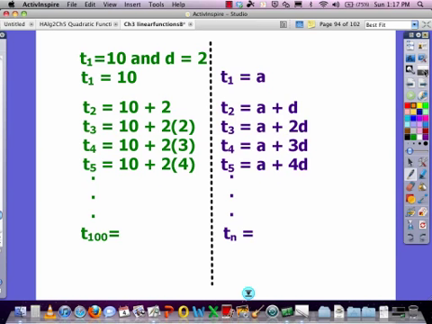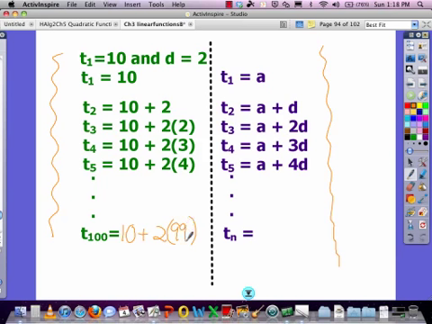So here's that same list that we just did, finding that 100th term. And now here's that same list, looking at it, with generic variables. So again, over here, we know this was going to be 10 plus 2 times 1 less than our counter. 1 less than our counter, that has to leave us that 99.